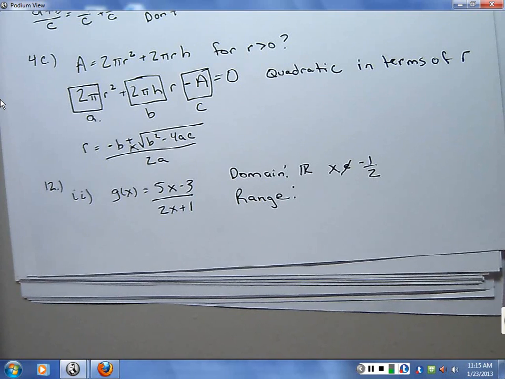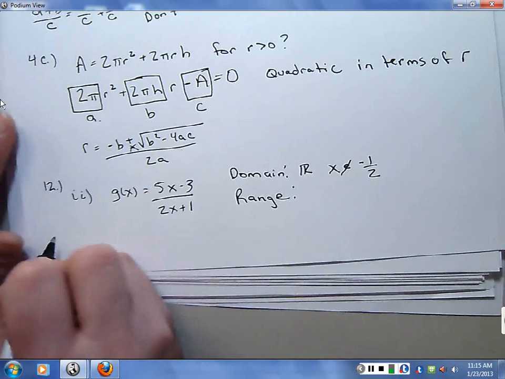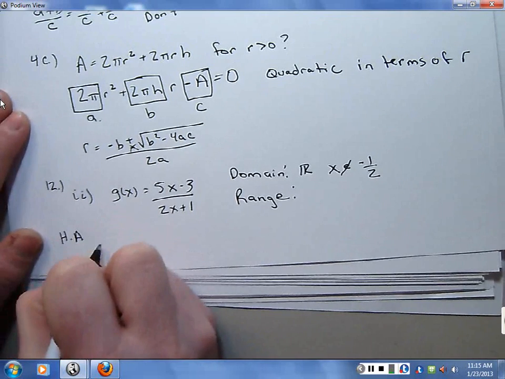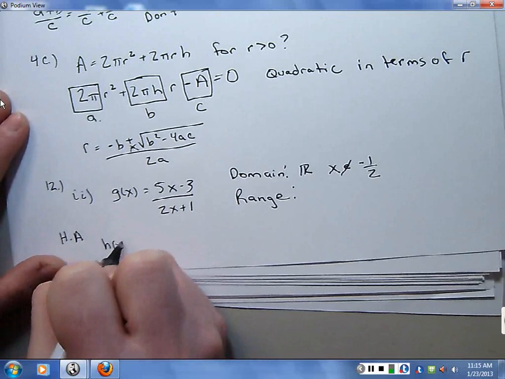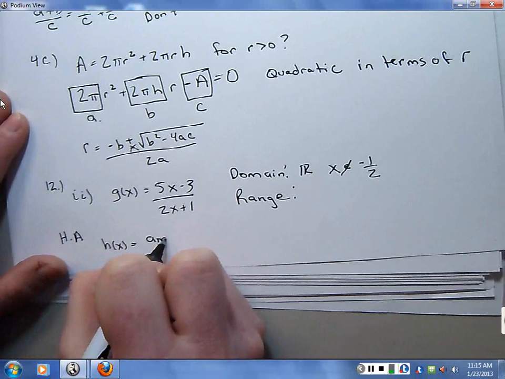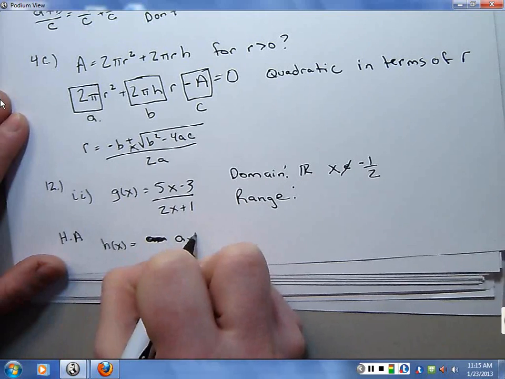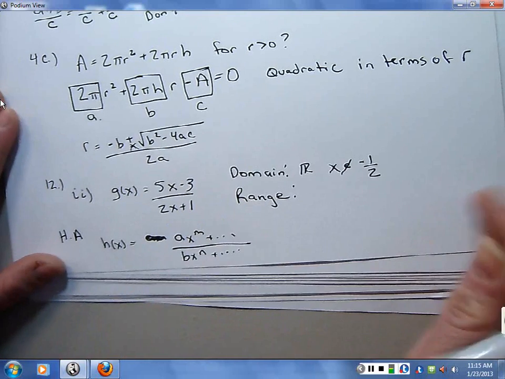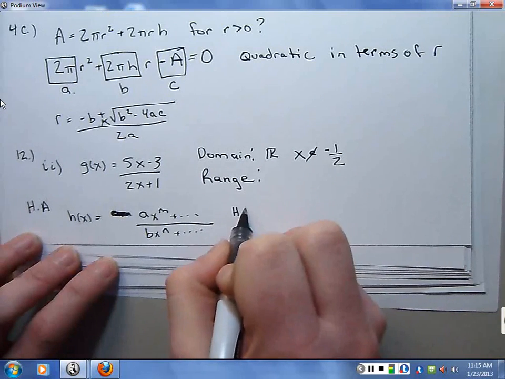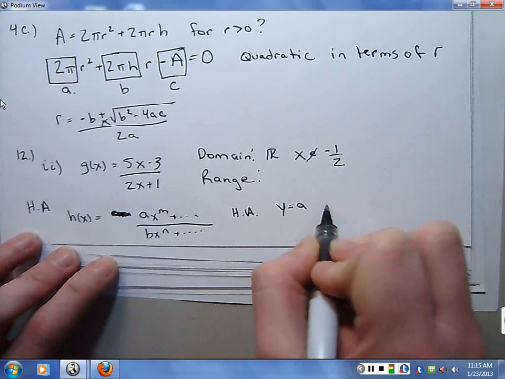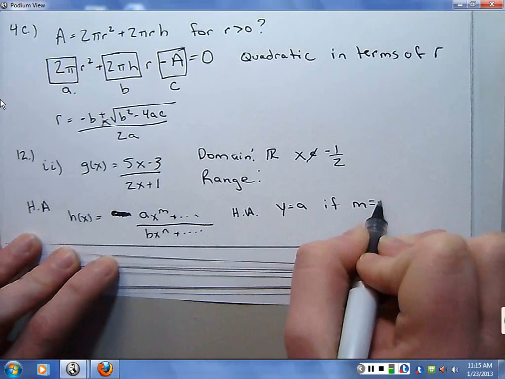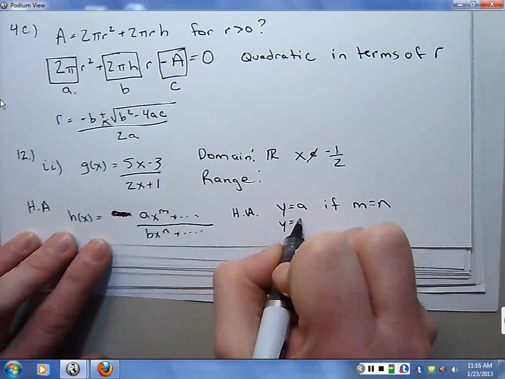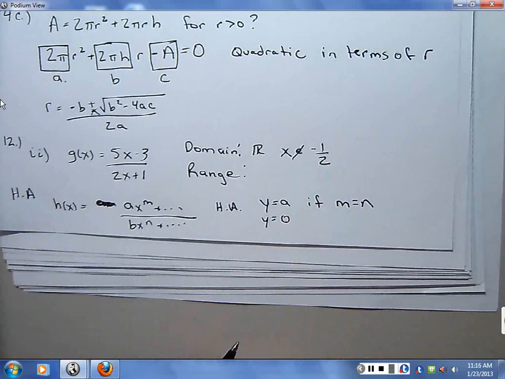So if you recall, we'll say horizontal asymptotes, if I have a function, let's just call it h of x, ax to the m plus something over bx to the n plus something, the horizontal asymptote is y equals a over b if m equals n, is y equals 0 if n is less than m.